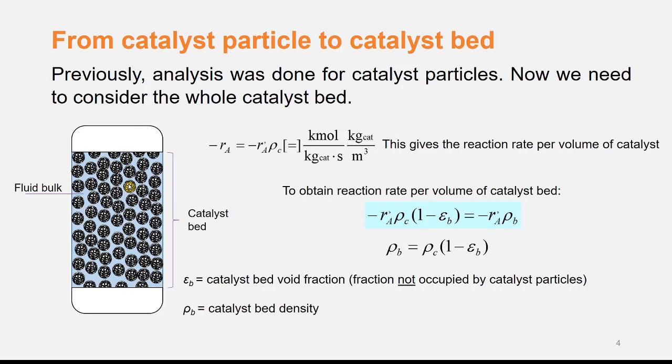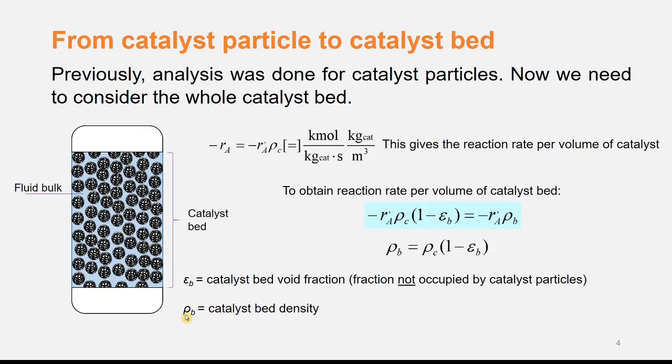To do this, we need to define two new quantities. The first is the bed void fraction, epsilon b. This is the volume of the bed not occupied by catalyst particles. We can then use this to get the bed density, which is the mass of the bed divided by the volume of the bed.